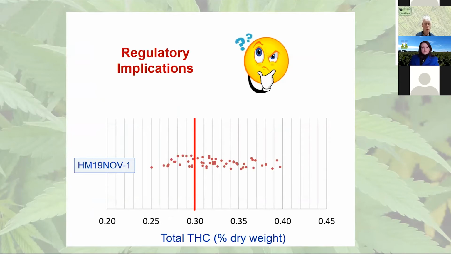If you are going strictly with that concentration of 0.3%, with the same sample sent out to all these different labs, you had some labs testing it above 0.3%, where it would be considered illegal, and some labs testing it less than 0.3%, where it would be legal. So there has to be an accounting of this variability with respect to decisions made on whether a sample is legal.